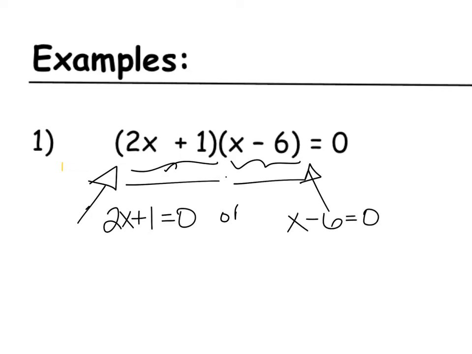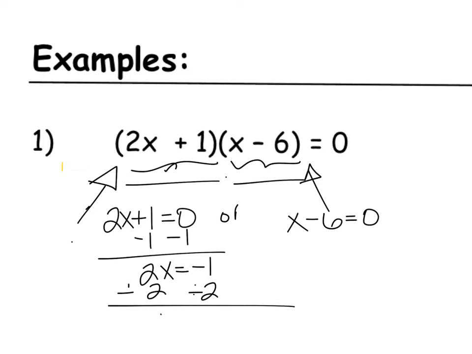Solving 2x + 1 = 0, I subtract 1 from both sides. I get 2x = -1. Divide both sides by 2, and I get x = -1/2. On the other side, I have the second option of x - 6 = 0, and adding 6 to both sides gives me x = 6.